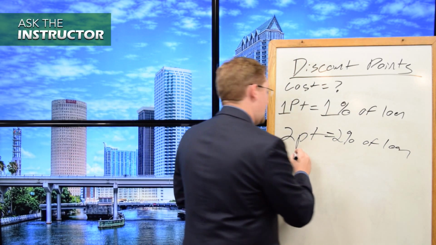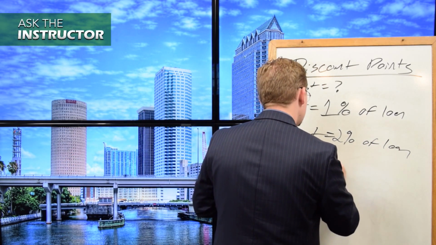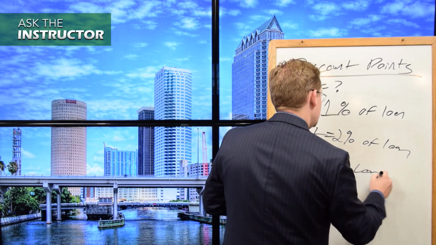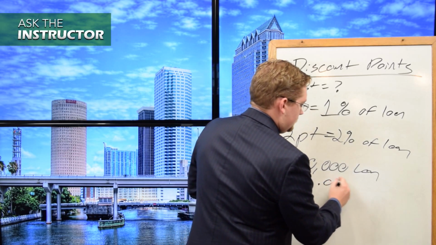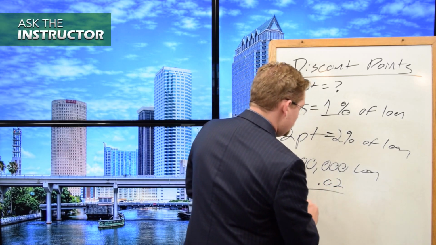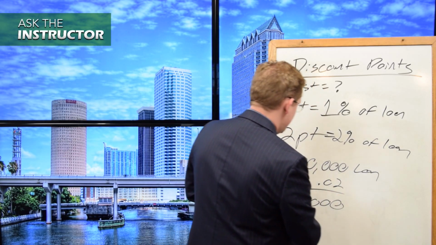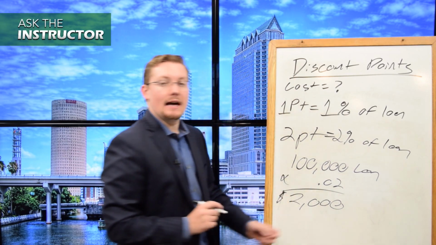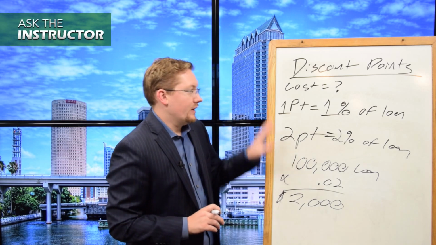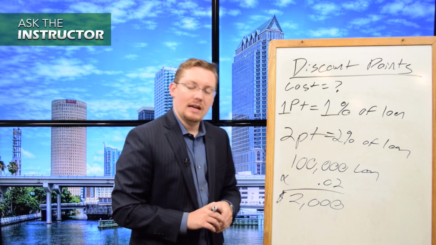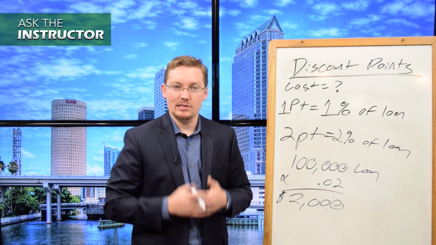Let's say we've got a $100,000 loan. 2% of that is going to give us $2,000. So the dollar cost of these points would be $2,000. If we had 2 points on a $100,000 loan, we'd have to pay $2,000 up front.